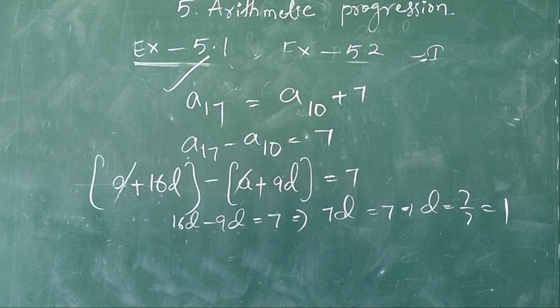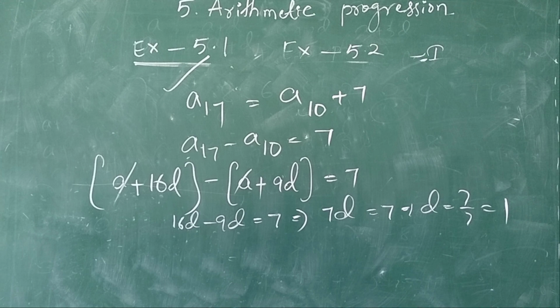Next, 132 more than that 54th term. So add 132 to that 54th term. Then you will get one number. That number is which term of that AP? So consider that one as AN. From that, find out the N value.